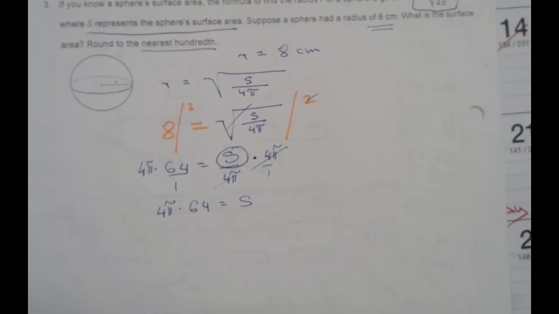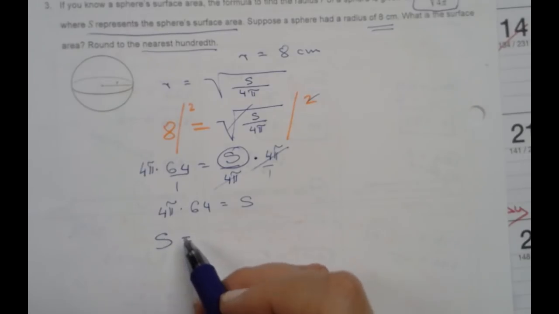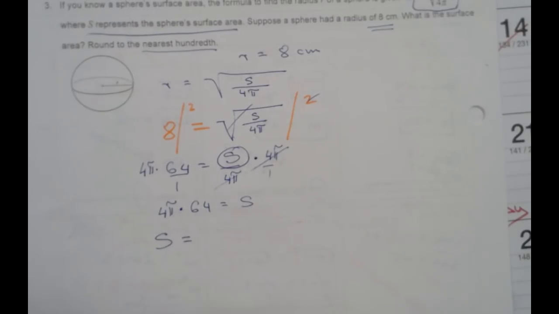When you're calculating, you are going to put pi in a calculator. You're not going to put 3.14, because the calculator carries all the digits, and so you will be more accurate in your calculations. So in this case, s is equal to 4 times pi times 64 in a calculator.